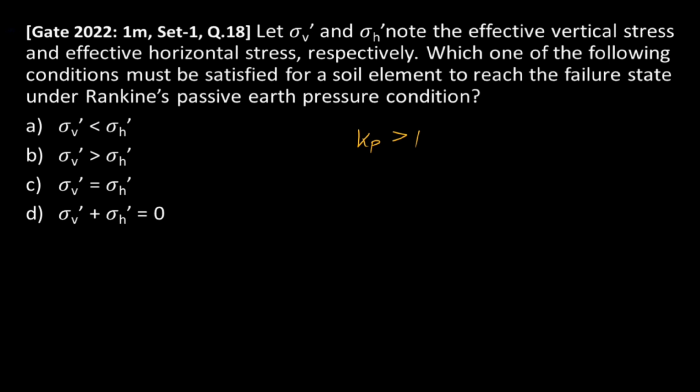So Kp is nothing but sigma h by sigma v should be greater than 1. Therefore, sigma h should be greater than sigma v, or sigma h dash should be greater than sigma v dash. So option A is the right answer.